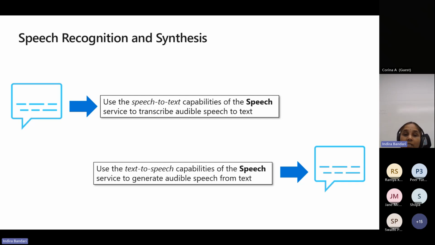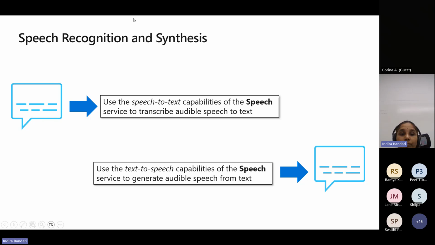There is also text to speech. So this is audio. Think of somebody saying something, and that will be converted into text. And here somebody is typing, and you can use the text to speech capabilities to convert it into speech. So that is speech recognition and synthesis.